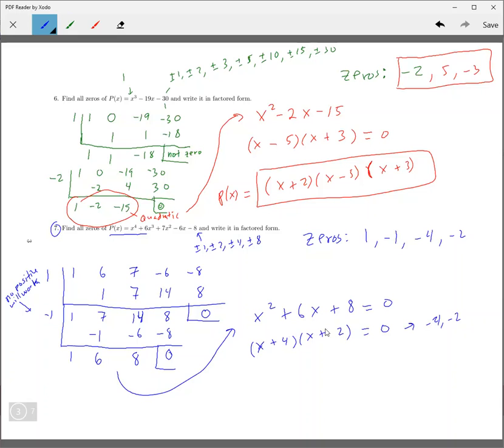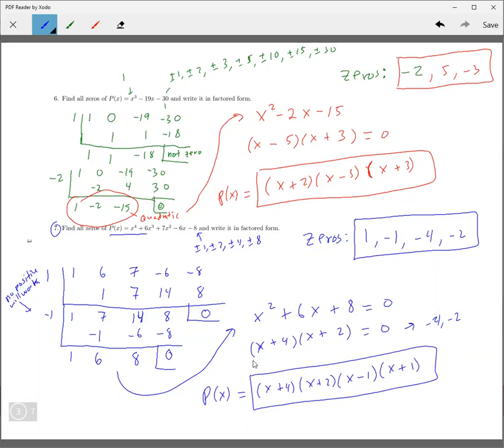So -4 from here, -2 from there. Okay, so there's your zeros, and then factored, you have these two right here. And then from the 1, you're going to have an x minus 1. And from -1, you're going to have an x plus 1. Okay, and so that'll be the factored form.